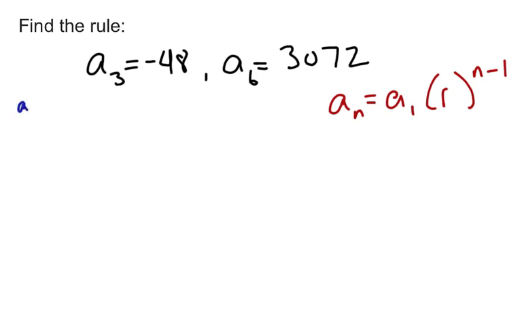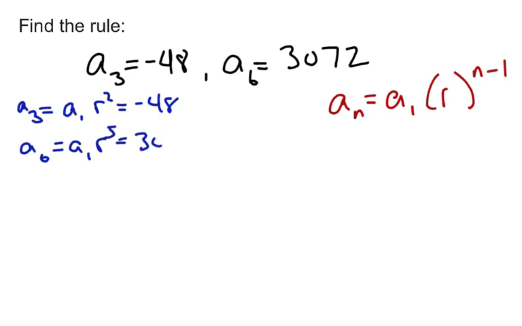What I do know is that a3, which is the first term times the common ratio to the second power, is negative 48. And I know that the sixth term, the first term times the common ratio to the fifth power, is 3072. So with these two pieces of information, we do have a system that we can solve. And I'm going to solve this system using the substitution method.